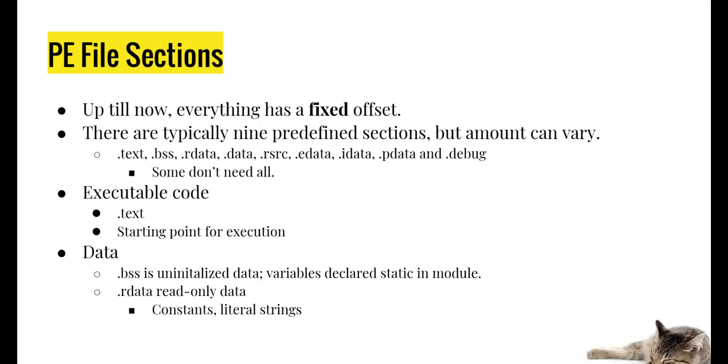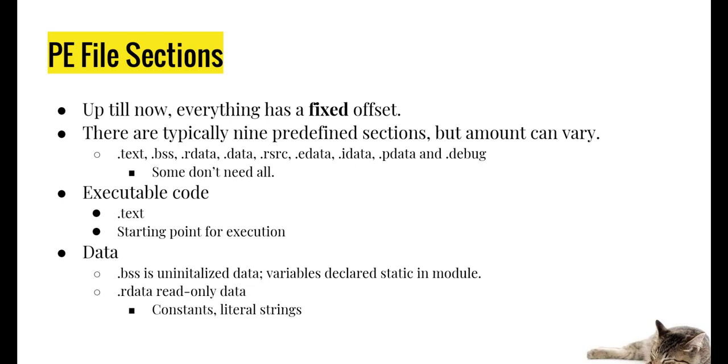So up to this point, following the DOS, once we got over the DOS stub and we got into the PE header, everything after that point has been at a fixed location. That changes now because we have different numbers of sections, and the sizes of the sections can vary, which is very obvious if you think about it.